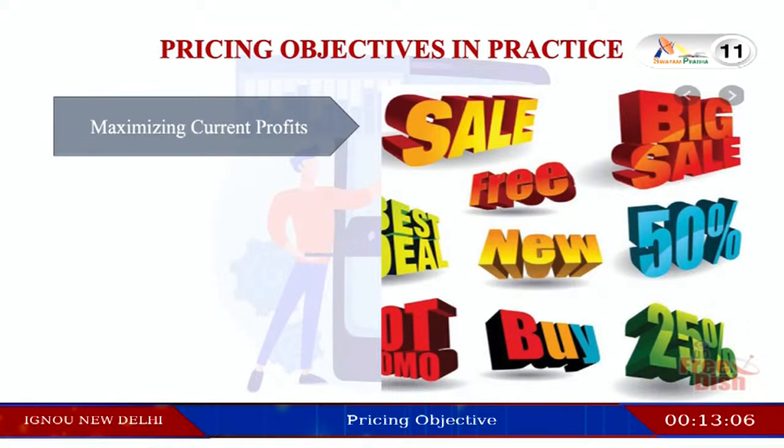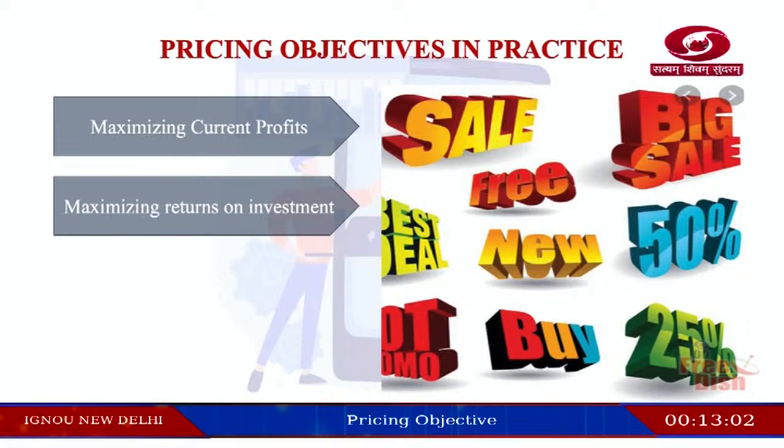A related pricing objective is to have a certain return on your investment. You look at what margin you can charge which will maximize your returns in a given period of time. So that is another kind of objective.